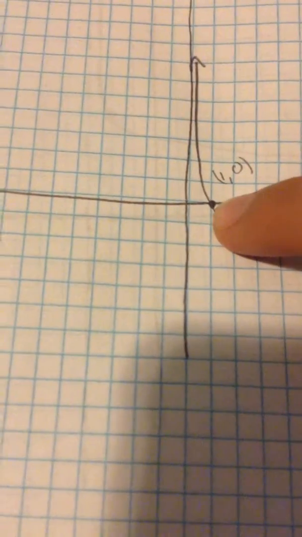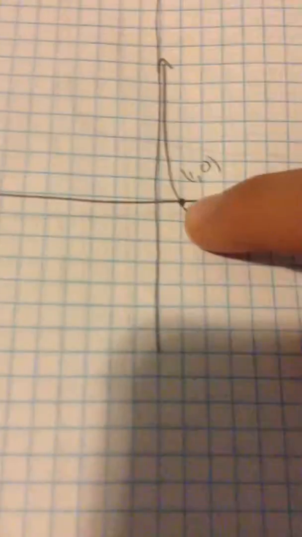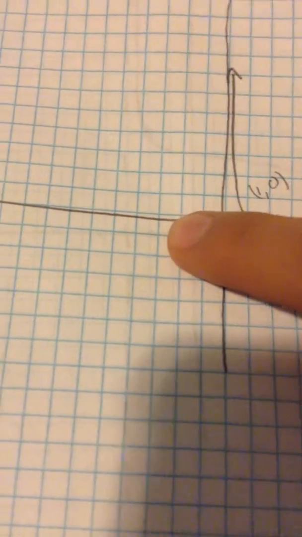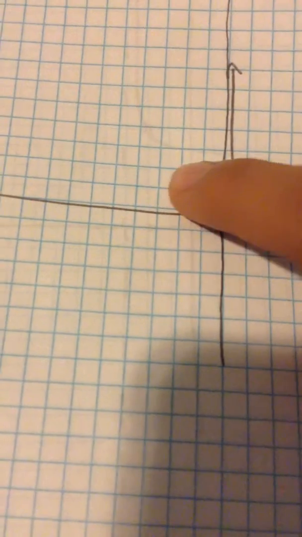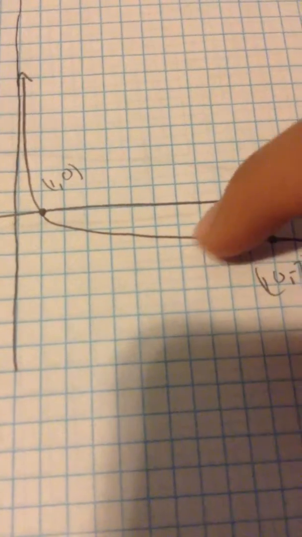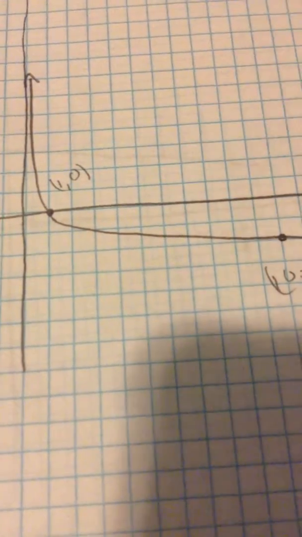So 1, 0, I would just have to move it left 3, so I would go 1, 2, 3, and then up 5, 1, 2, 3, 4, 5, and it would be somewhere around there. And then this one, I would do the same thing, 1, 2, 3, and up 5, 1, 2, 3, 4, 5, and it would be somewhere around there.